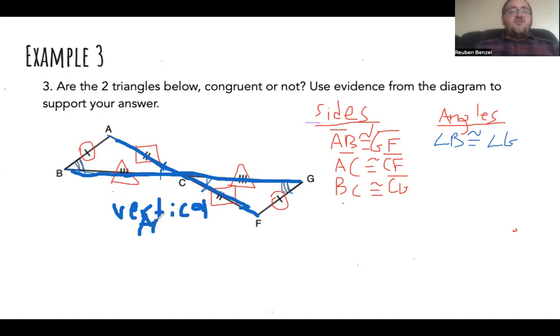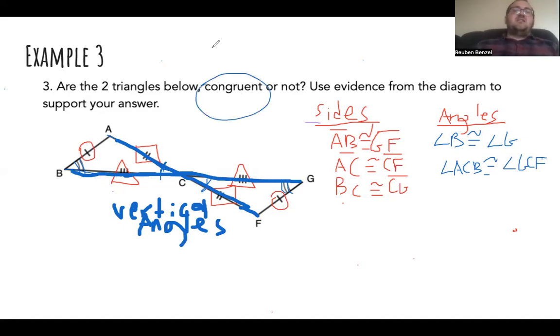And if I know that they're vertical, I know that they are also congruent to each other. So I could say that angle ACB is congruent to angle GCF. Therefore, due to all this information, we found plenty of evidence to show that yes, the triangles are congruent to each other.